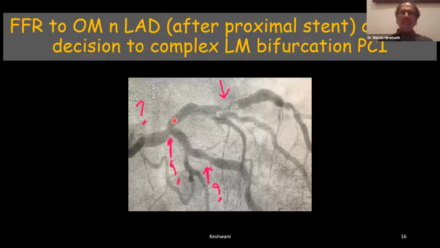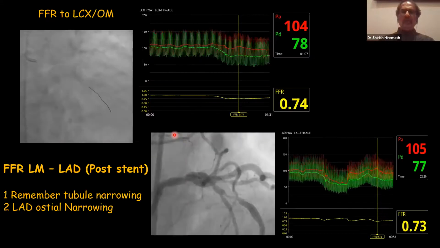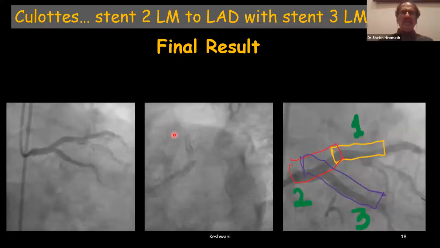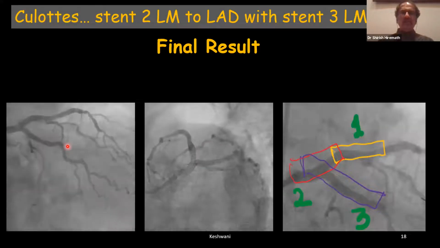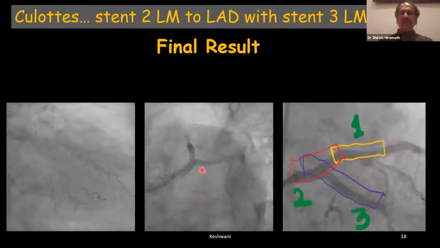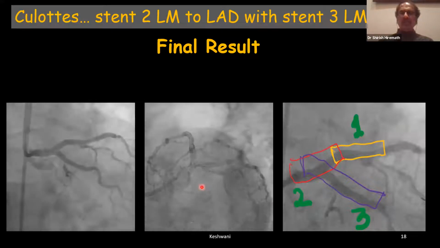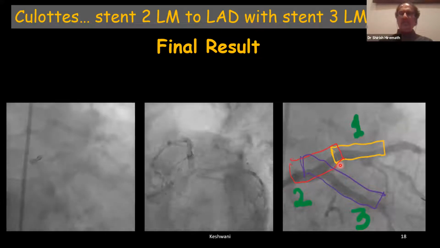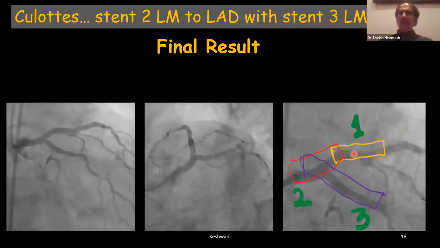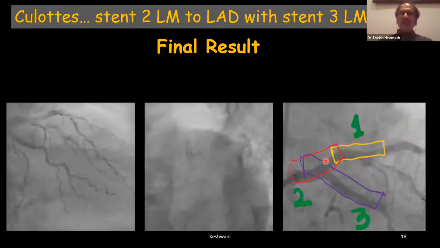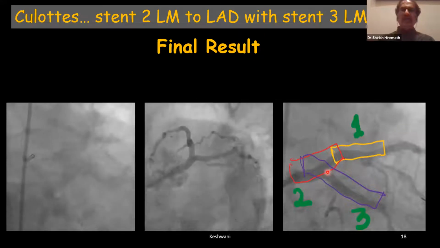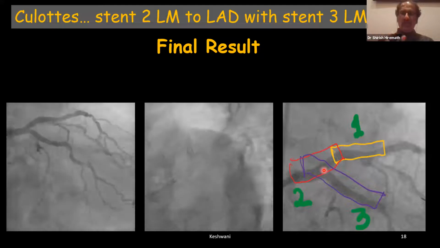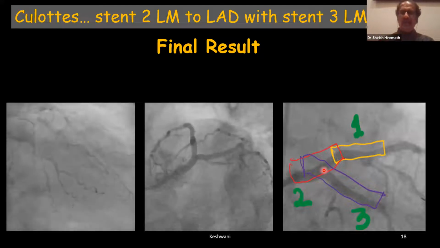So that means this area is probably giving an important narrowing. So it tells you that after doing the LAD stenting, here we need to address the left main bifurcation. So this left main bifurcation is done by culottes technique. So this patient, we thought initially would need only one stent, received a left main bifurcation stenting based on physiology assessment done by FFR.